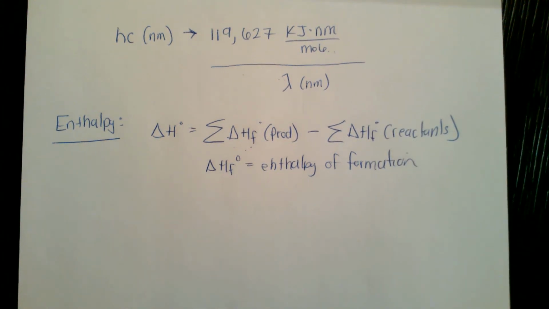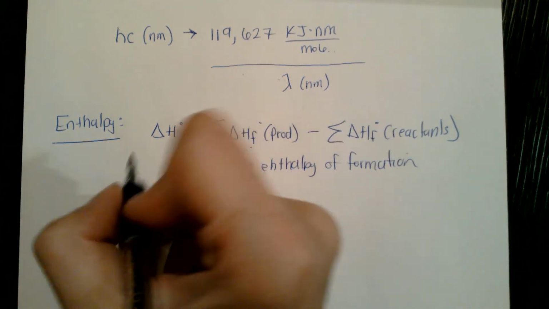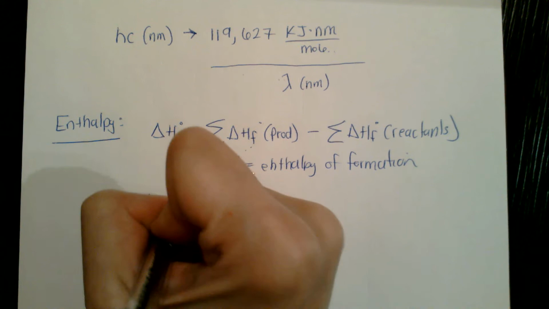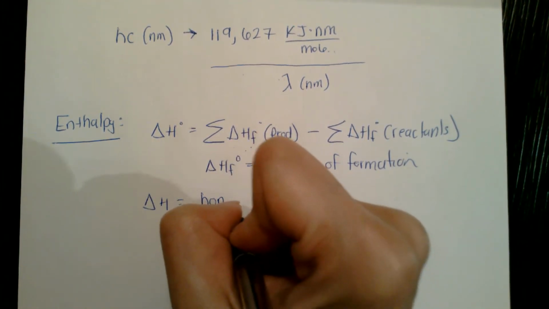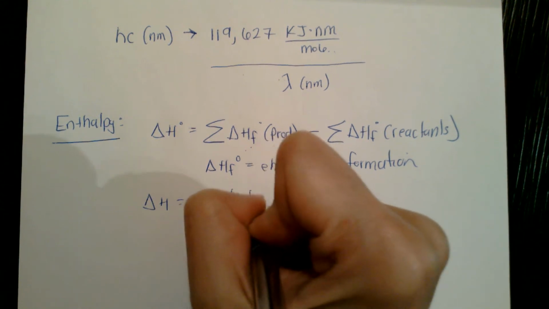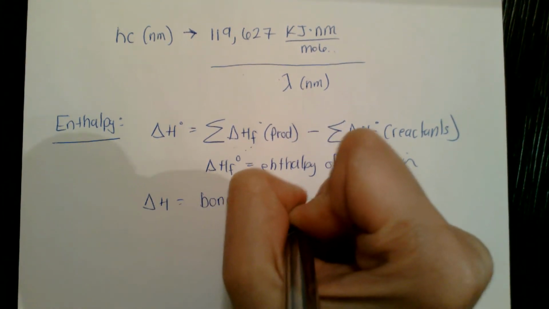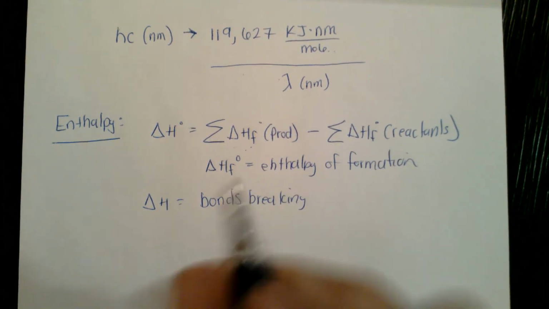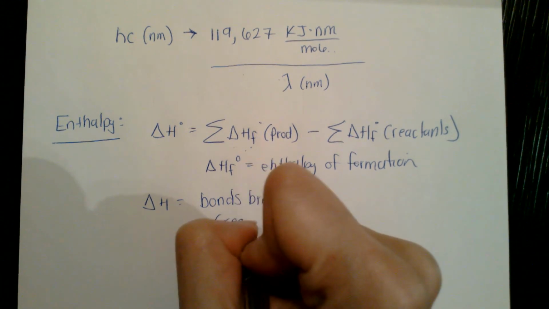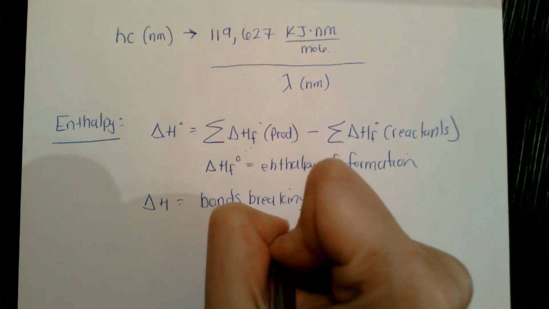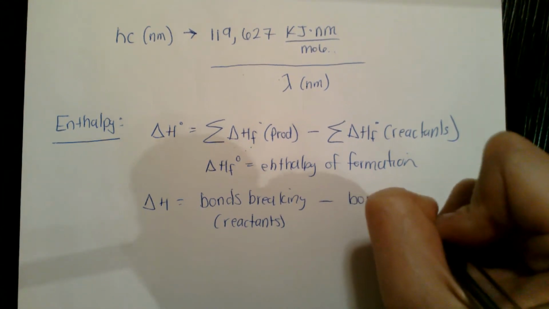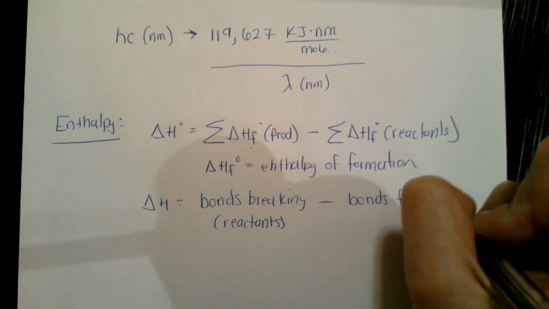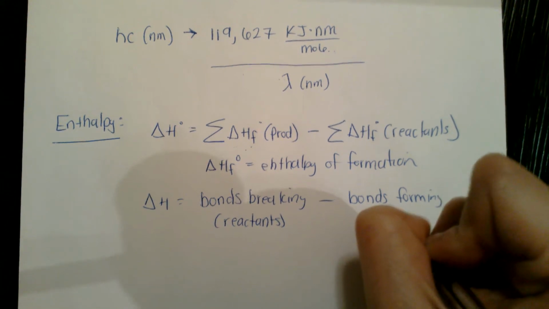We can also express the enthalpy of a process, which essentially comes down to looking at bond breaking and forming. Bonds breaking, so what's happening on the reactant side, subtract the energy of bonds forming, which happens on the product side.